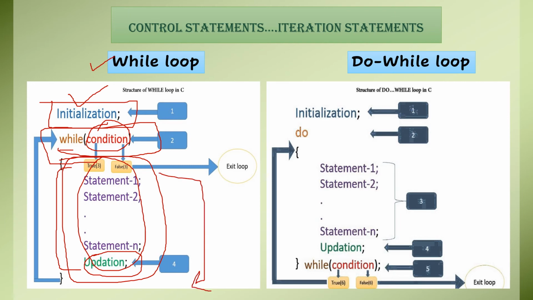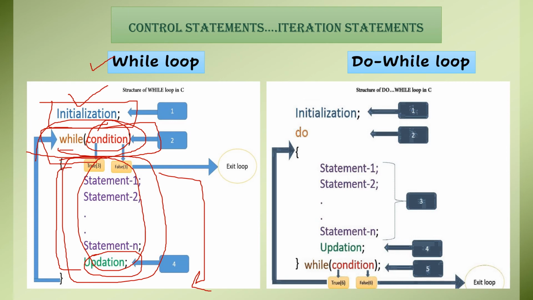That means this while loop gets executed until the condition becomes false, and this is called an entry control loop. That means before entering into the block, this condition is checked.